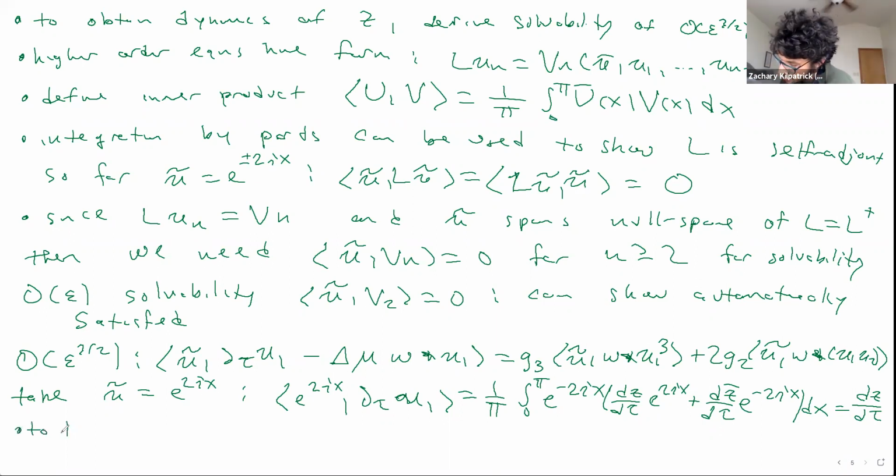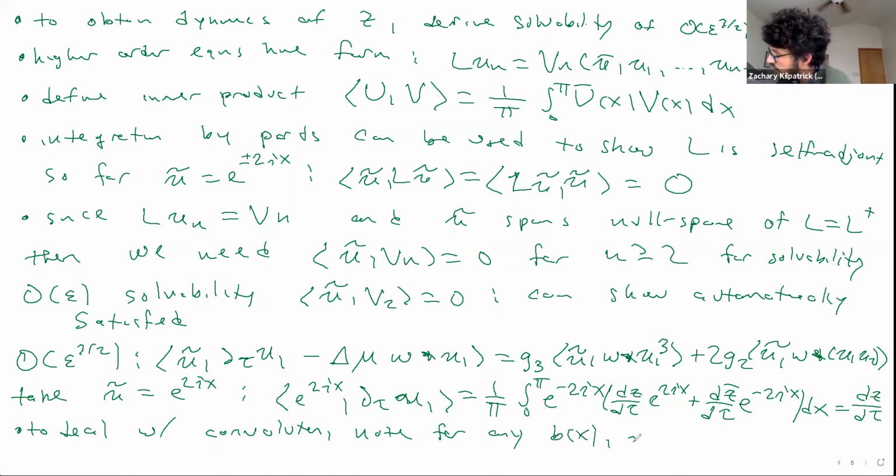So to deal with the convolution, note that for any b of x, since w bar of x is even, we have the following result that I'll derive and make sure everyone's caught up here.